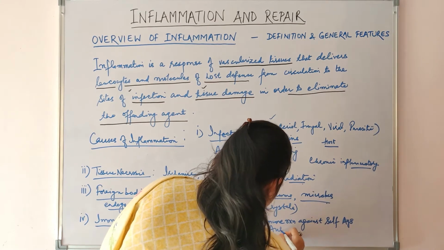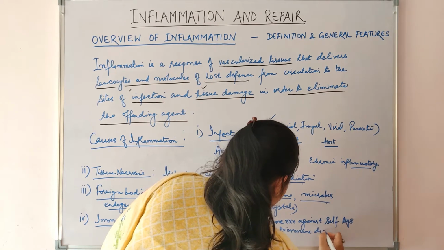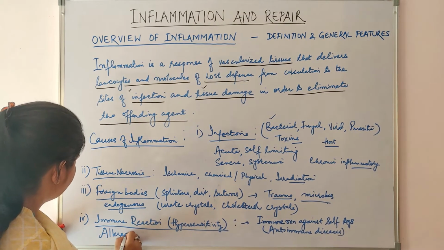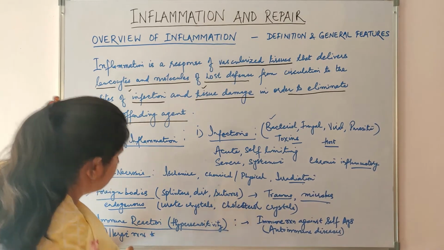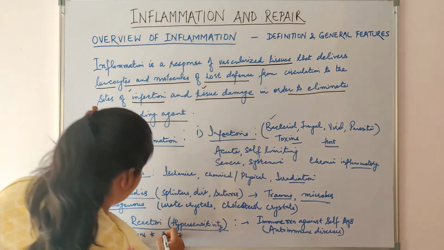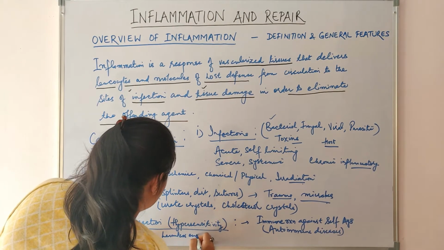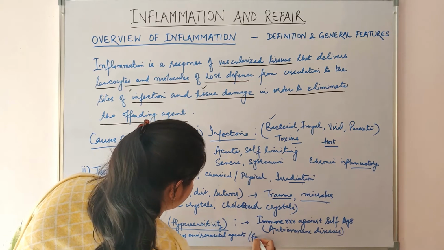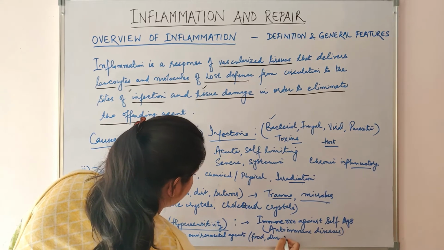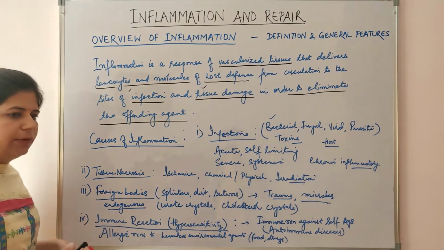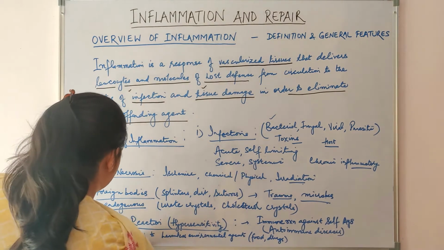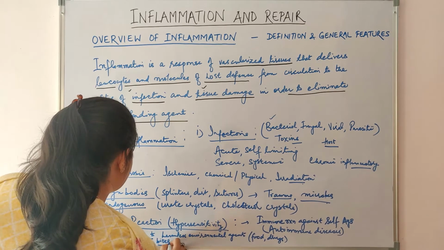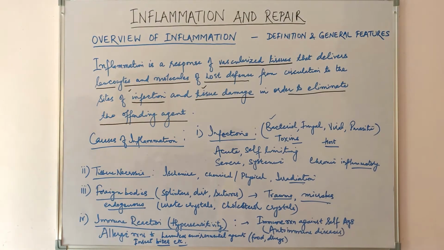It is seen in autoimmune diseases, and also in allergic reactions to harmless environmental agents like food, drugs, or when the immune response is not adequately controlled or regulated, like the allergic reaction to insect bites, etc. So these are the causes of inflammation.